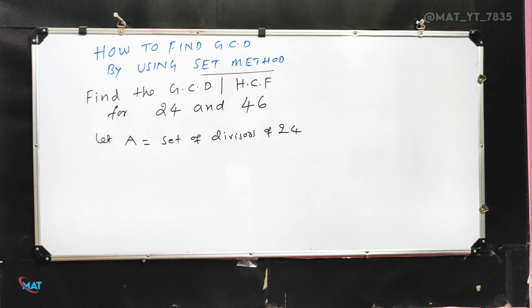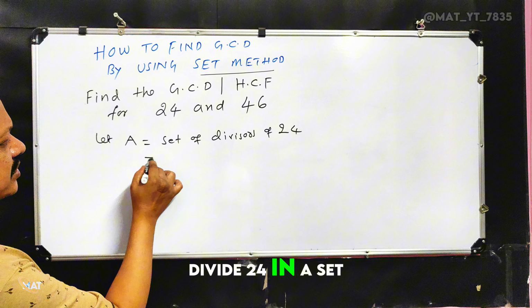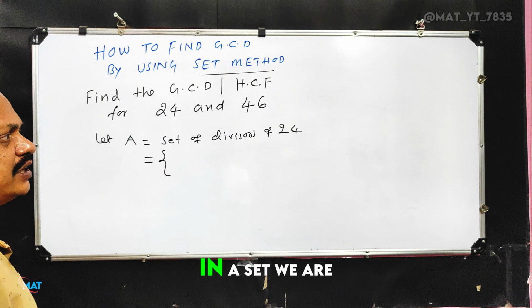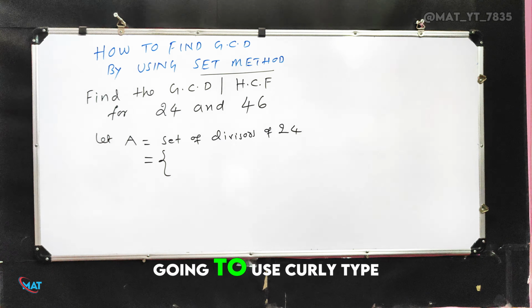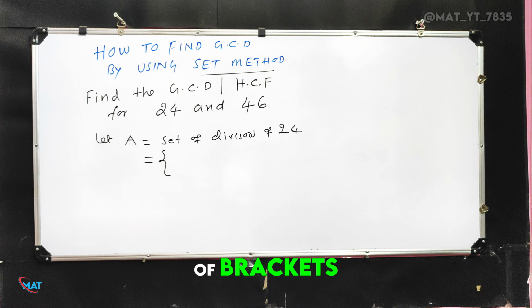We have to take all the divisors. What are the numbers that divide 24 in a set? It's very simple. In a set, we are going to use curly brackets.